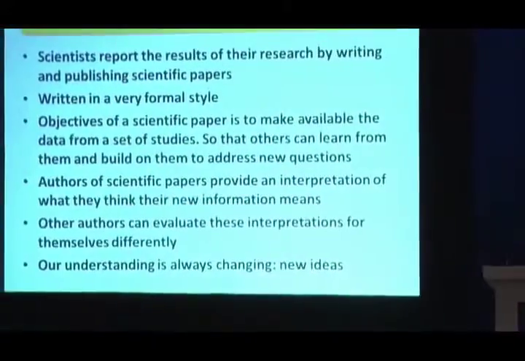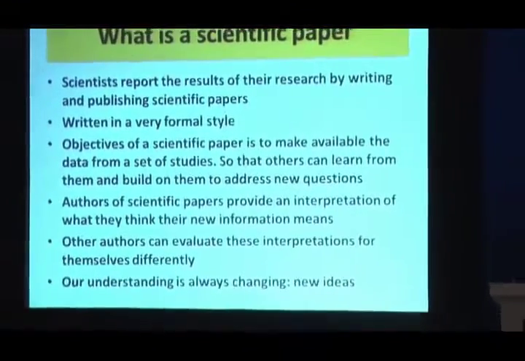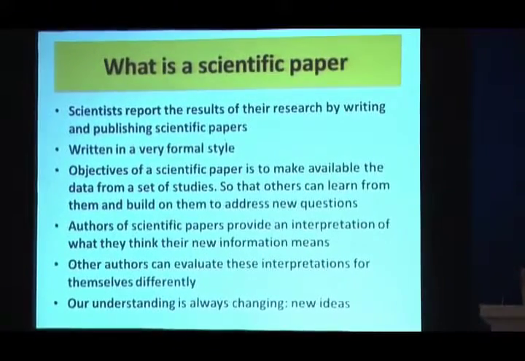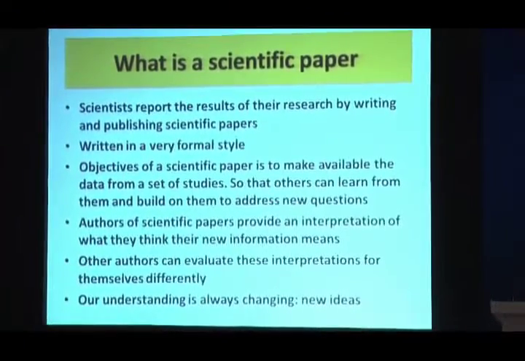Actually, these are the results of the research which scientists report by writing and publishing. This is written in a very formal style, as was illustrated to you by the first speaker, Dr. Haq Nizami, and later so beautifully by Andrade.